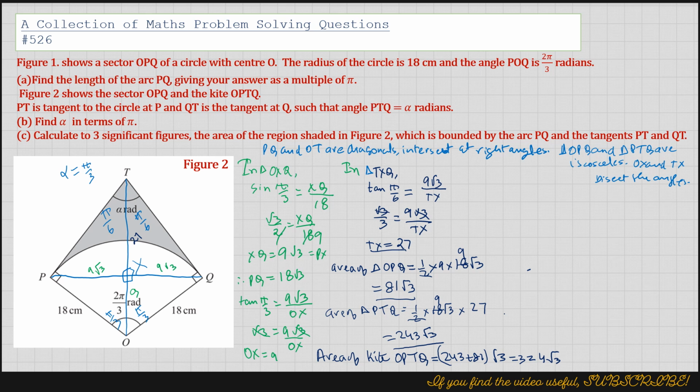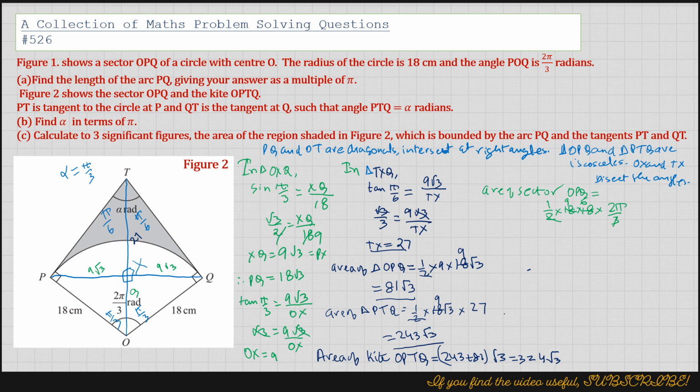So now I have to find the area of the sector OPQ, and that would equal half times 18 times 18 times 2 pi out of 3. 2 times 9 is 18 and 3 times 6 is 18.